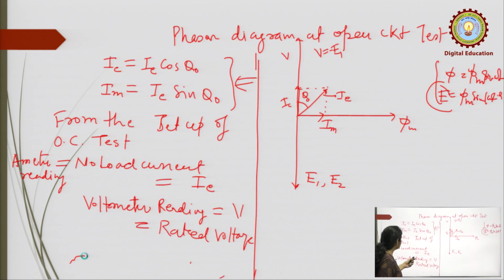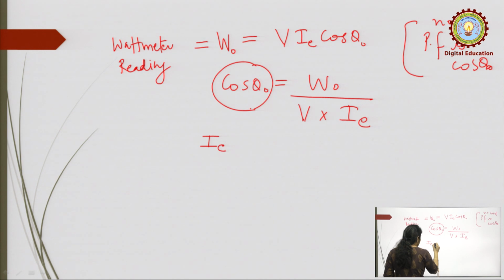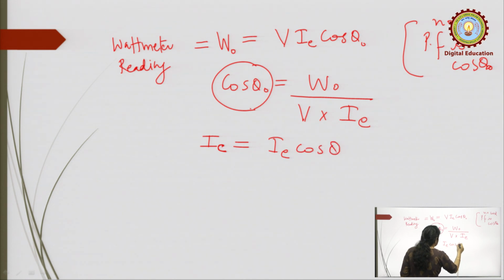So from that you will also get the magnetizing branch.